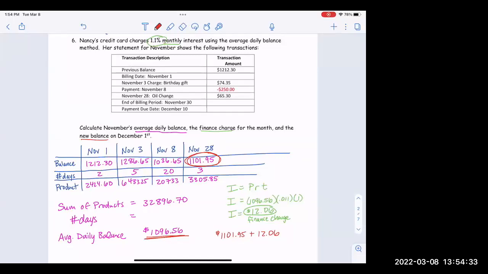We add $12.06, and this should give us the new balance of $1,114.01. Okay, any questions? Okay.